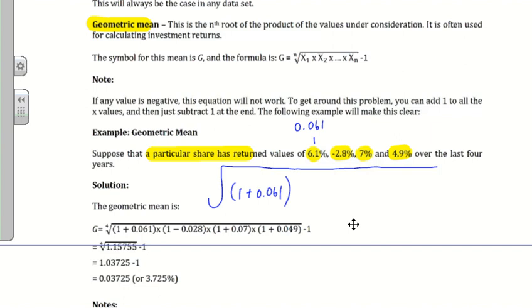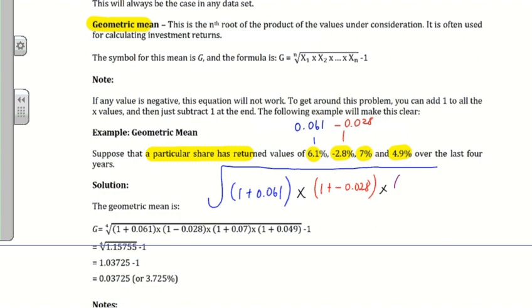It's going to be a minus 0.028. Everyone comfortable? So now I go over here, times, and now we've got to go 1 plus minus 0.028.